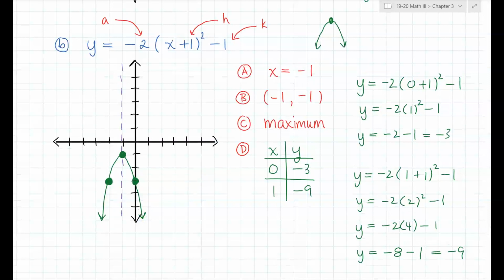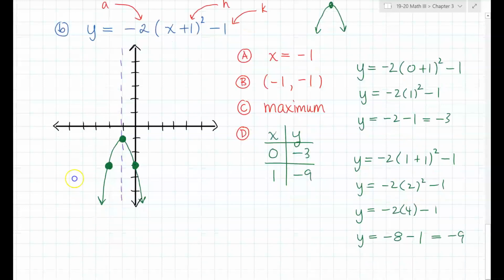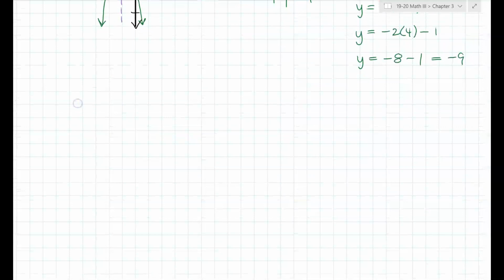All right, so for numbers 8 through 15, you guys are going to have to just remember what the translations do, okay? So the parent function of a quadratic function looks like this.